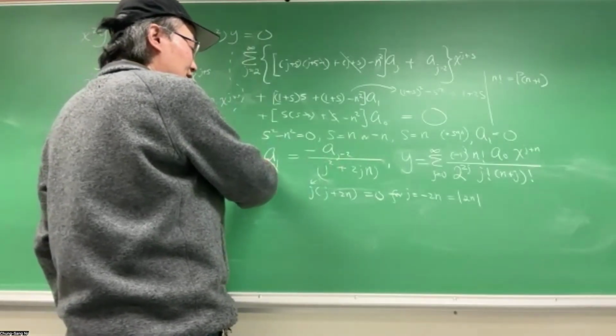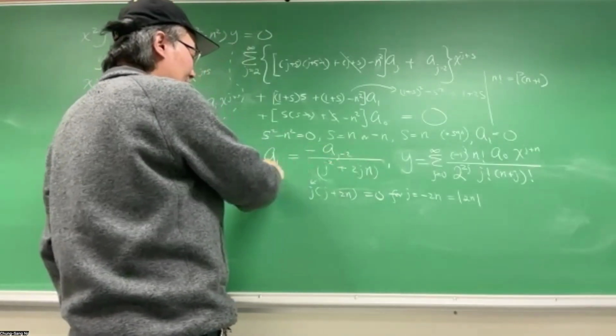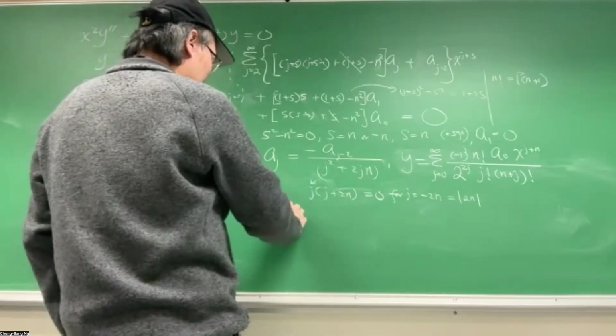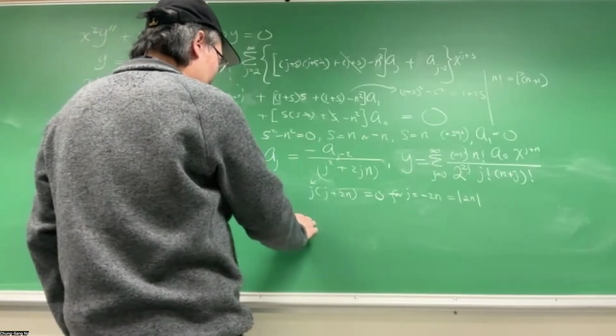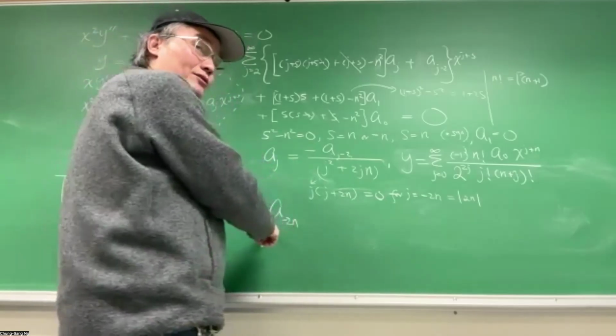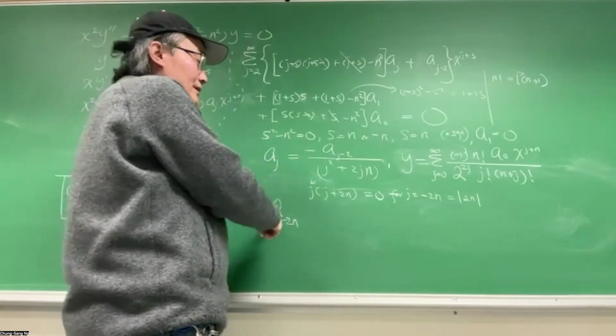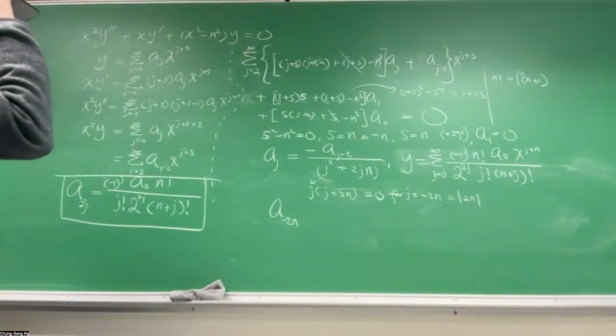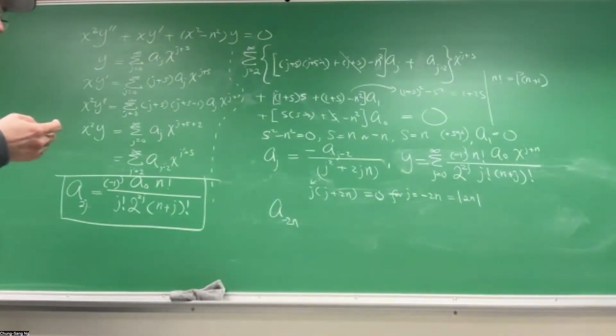So you might as well set all of these to 0 and start with a sub minus 2n, and start the iteration at that point and keep moving forward.